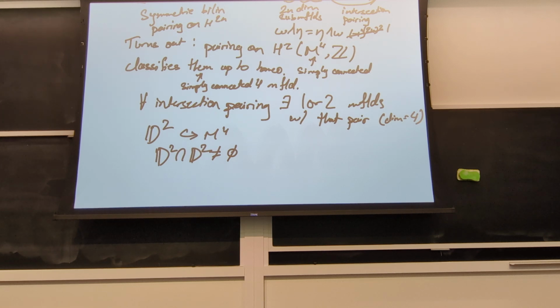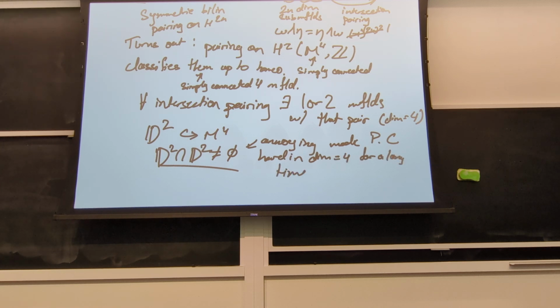So you can remove all intersections using something called the Whitney trick, and then do some sort of Morse theory on this. But the point is that this is annoying and made the Poincare conjecture hard in dimension 4 for a long time.